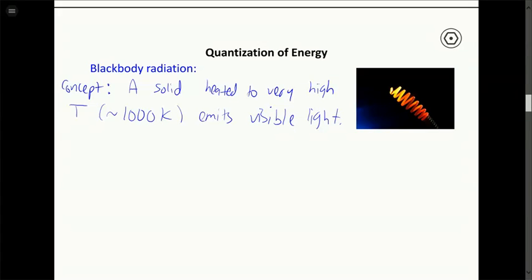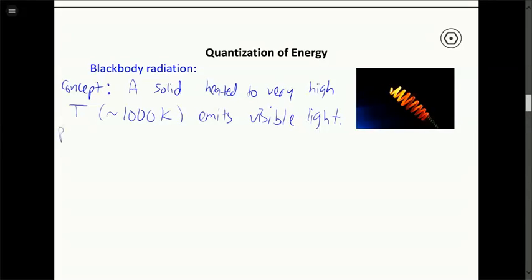So that's what we observed. And this idea by itself was not too terribly upsetting, but then some scientists did some very careful experiments where they measured the frequency and wavelengths of the light that are coming off of these heated objects.